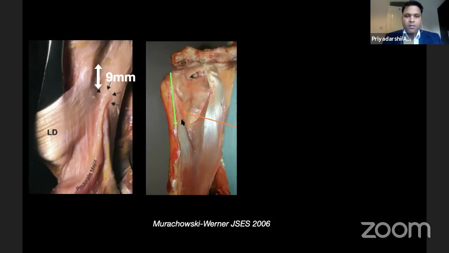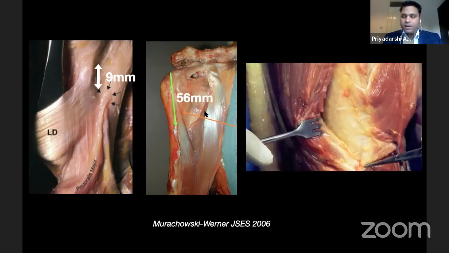Now, the distance from the superior part of the proximal humerus or greater tuberosity to the proximal end of the pec major insertion is around 56 millimeters. And in this view, when you assess that from the anterior deltoid insertion, it's around 45 millimeters.